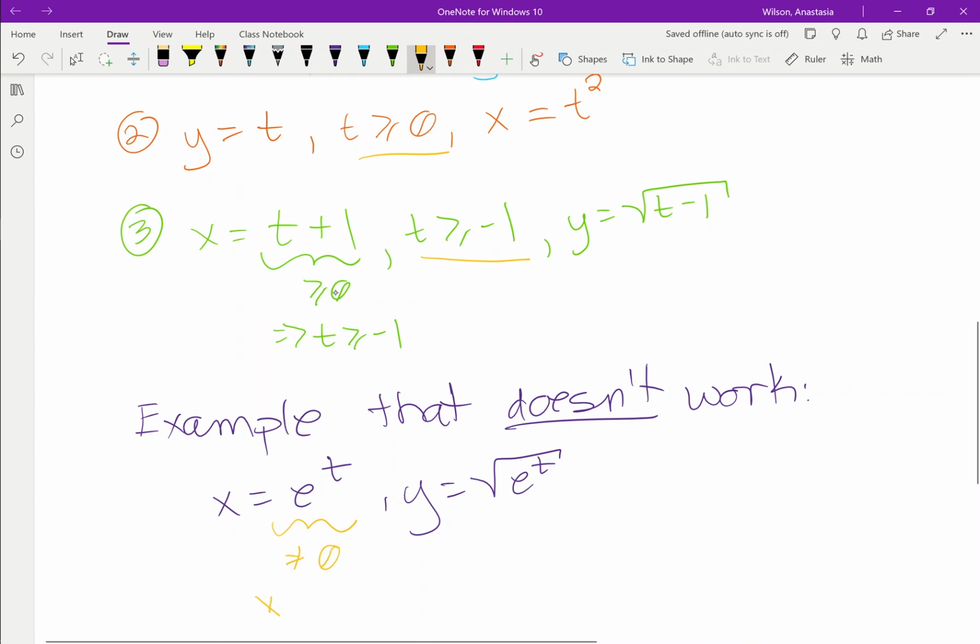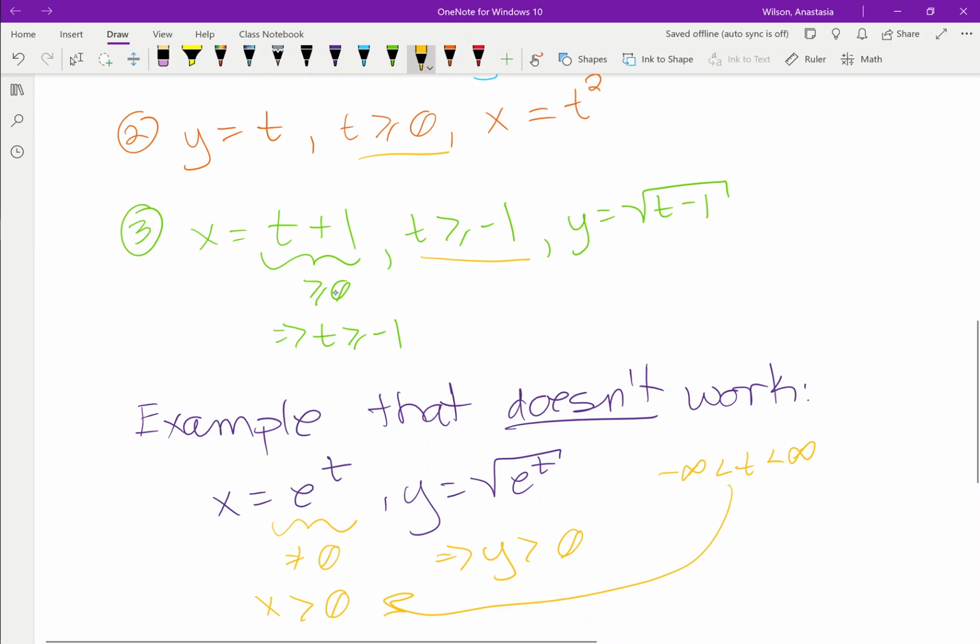So this means that x would be strictly greater than 0, which would also then mean that y is strictly greater than 0, and this is true for any values of t. It wouldn't matter what your interval on t was. Even if t was unrestricted between negative infinity and infinity, you would still never get x being equal to 0.